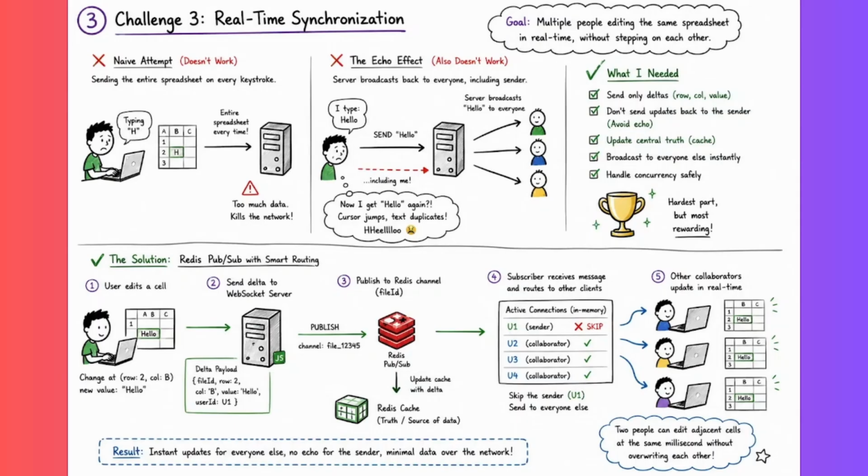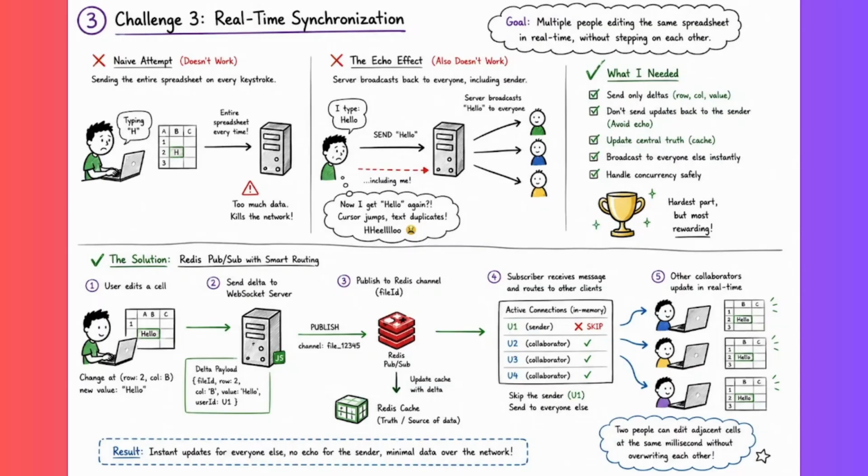It was completely unusable. To fix this, I had to architect a highly specific Redis pub/sub system. When a cell changes, the frontend shoots that data delta to the Node.js WebSocket server. The server uses Redis to publish that update to a specific channel named after the unique file ID that we talked about earlier.